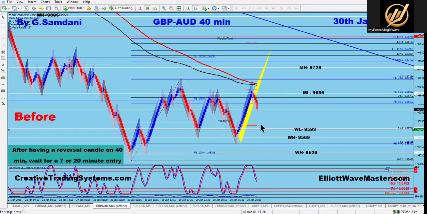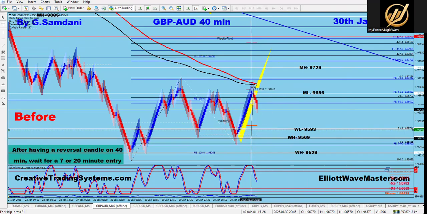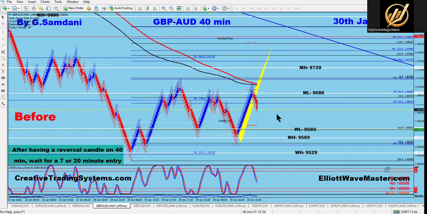See, beautiful move. From here, it moved up almost 134 pips. So even on Friday, you could have made a good amount of pips out of this very easily. And now this one is also dropping and probably making the 20-minute setup. When the market opens up, if I have that, I'll take that as well.